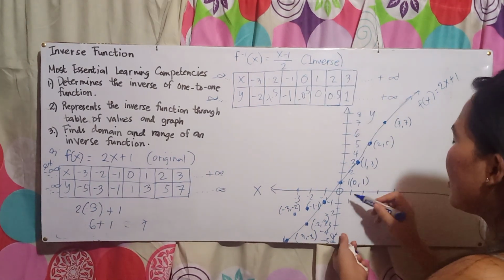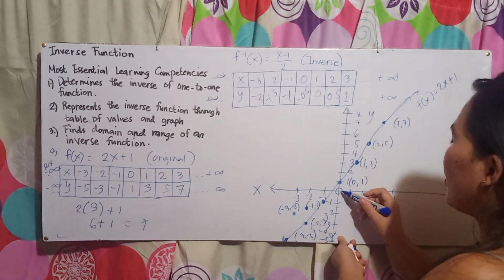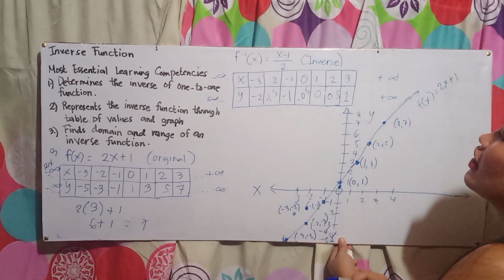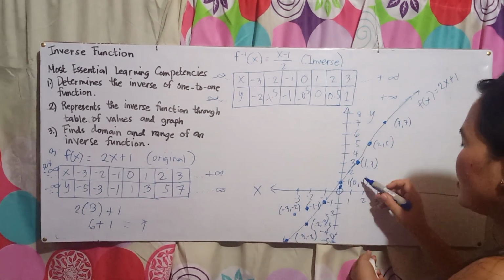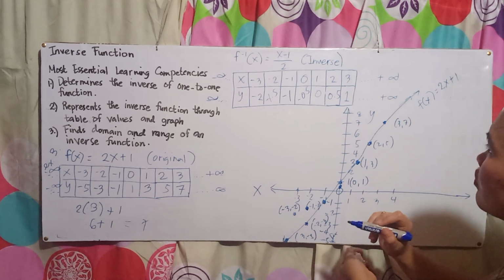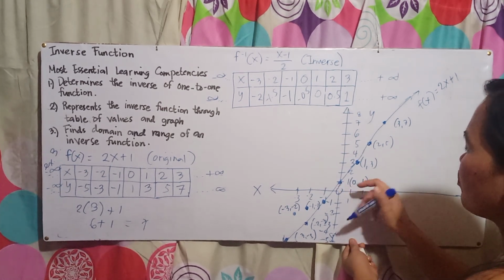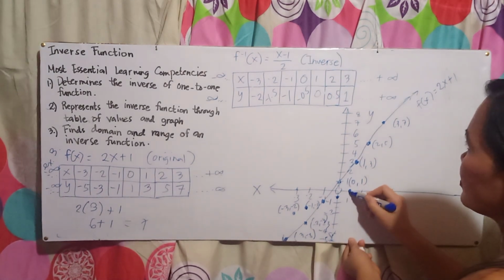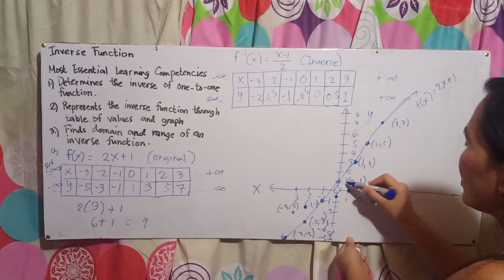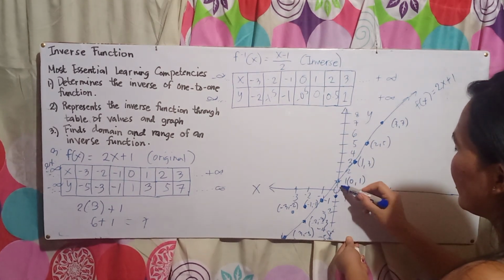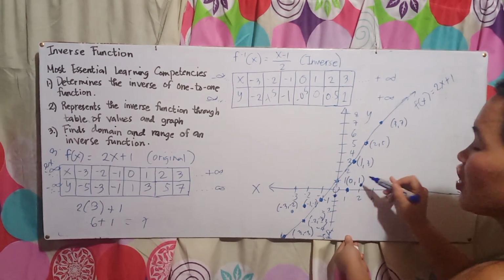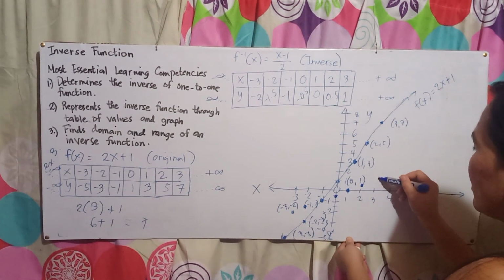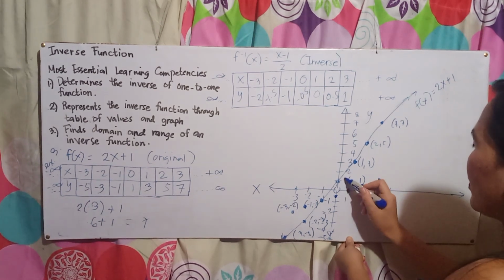Then 0 and negative 0.5, here. Next, 1 and 0. Then, 2 and positive 0.5. Then 3 and positive 1.